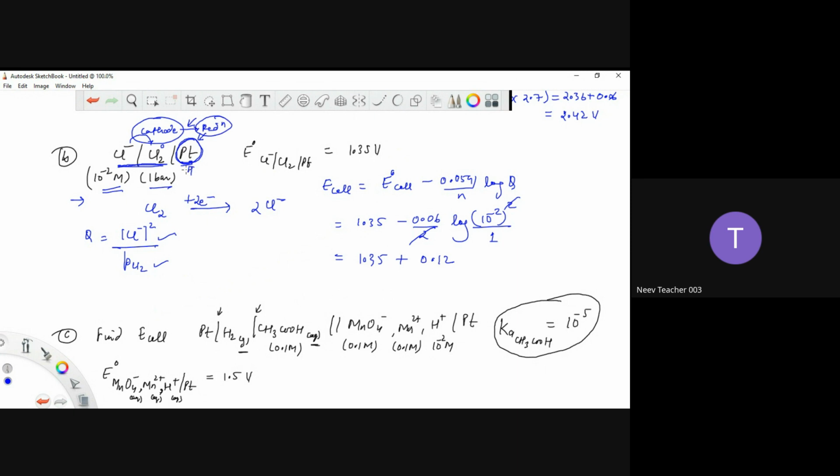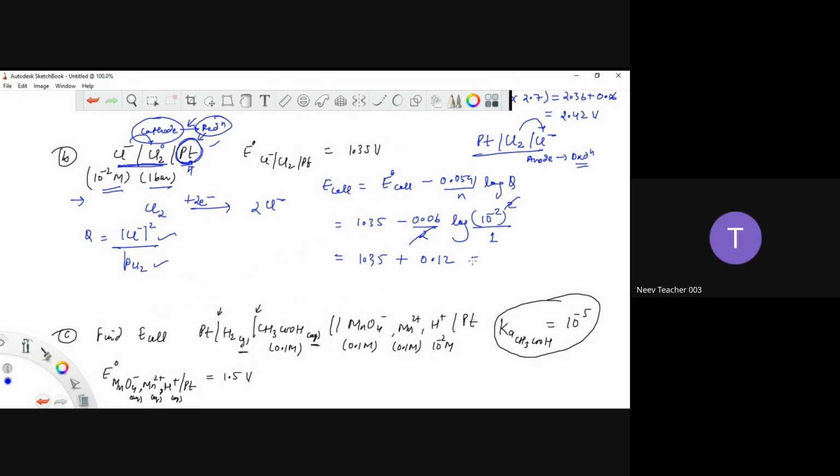If it is at the extreme left, like platinum, Cl2, then Cl minus, this is anode. Now you may feel Cl2 going into Cl minus means reduction is happening, but no, this is anode and oxidation will take place. Am I clear? Yes, sir.